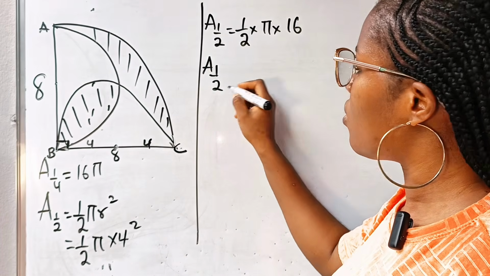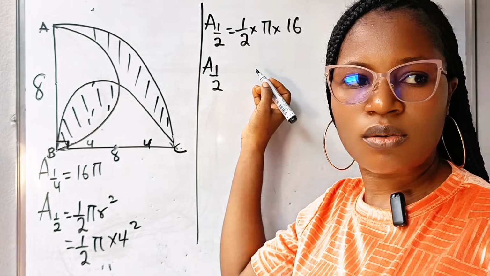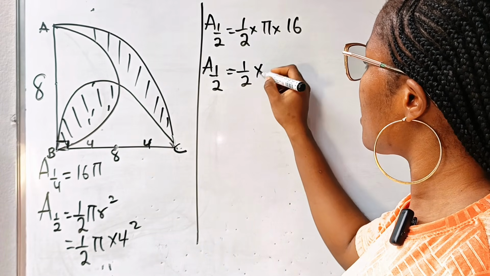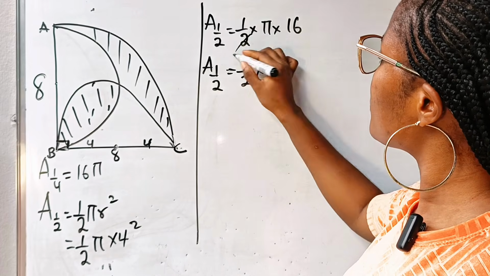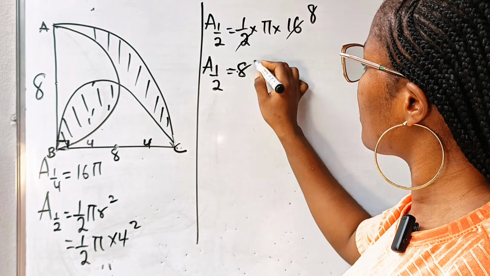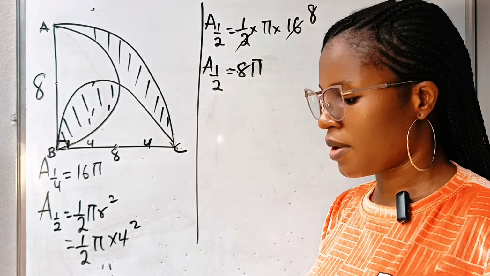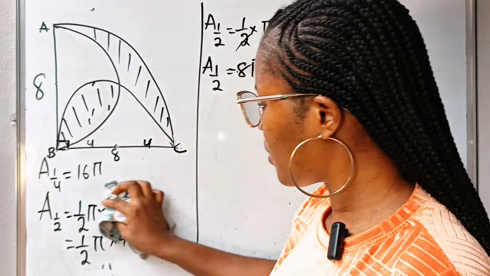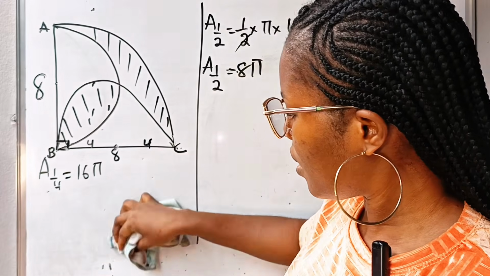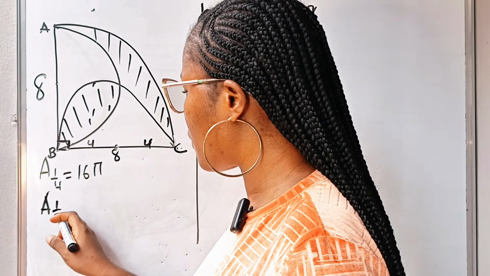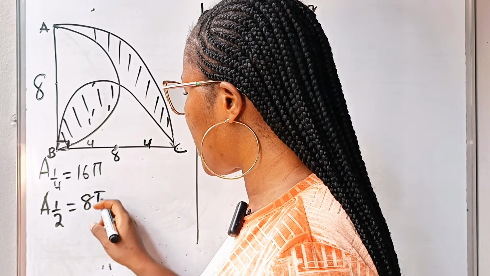We divide this to give us 8, so it's going to give us 8 pi. So let me write that down: the area of the half circle is 8 pi.